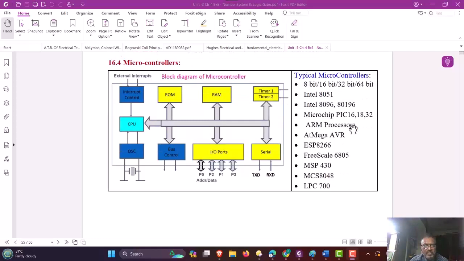The next topic is microcontroller. Basically, there is a slight difference between general purpose microprocessor and microcontroller. Microcontrollers are basically the central processing unit with built-in peripherals on the chip. So we have seen in the general purpose block diagram of the computer, there is a central processing unit, and there are RAM, ROM, timers, IO ports, various buses and serial ports and so on.